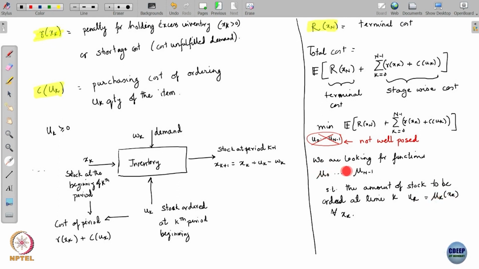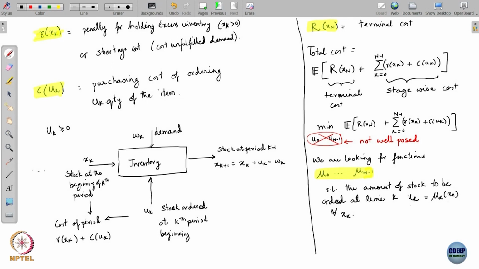So, what we are looking for are these functions, okay, these functions mu 0 to mu n minus 1, and once these functions are fully specified, what they let you do is pick your action, which is the amount of stock to be ordered, as a function of the information that would be present.